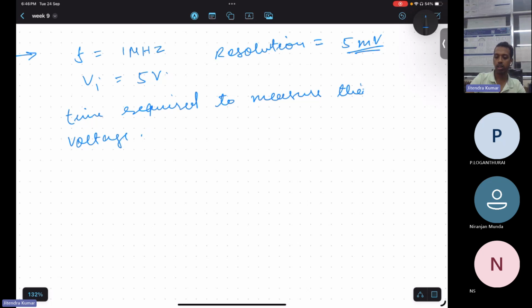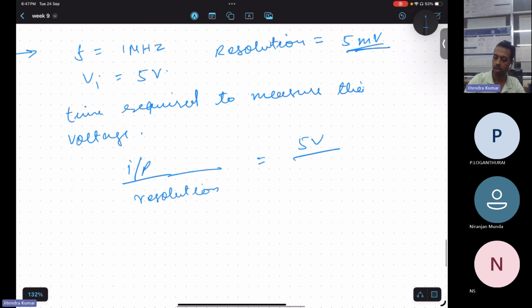So it's simple: resolution is 5 millivolt and input is 5 volt, so 1000 clock cycles will be required. Input divided by resolution, because that many times the clock has to be generated to provide us. So that is 5 volt by 5 millivolt, which is 1000 clock cycles.